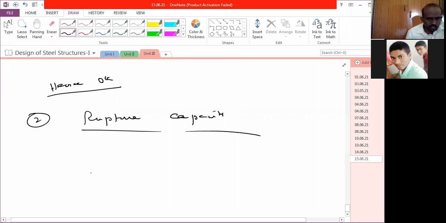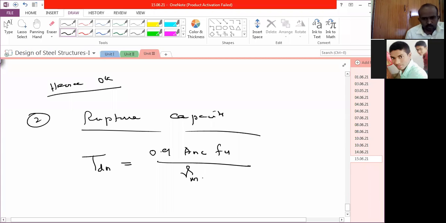So please calculate rupture capacity Tdn. The value is given for angle section: 0.9 Anc fu divided by gamma m1. Okay. Plus here beta value you have to calculate. That is a little work. Ago fy divided by gamma m0.